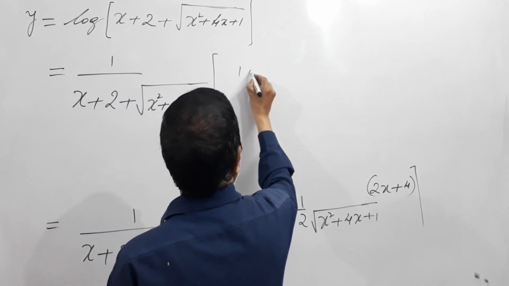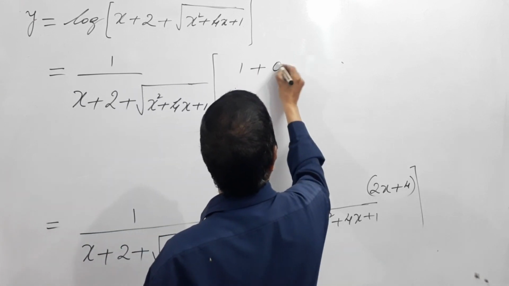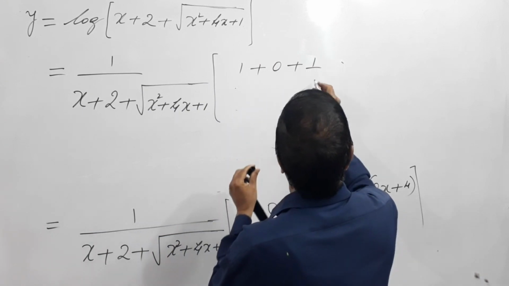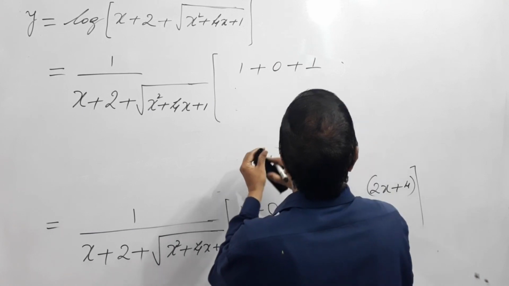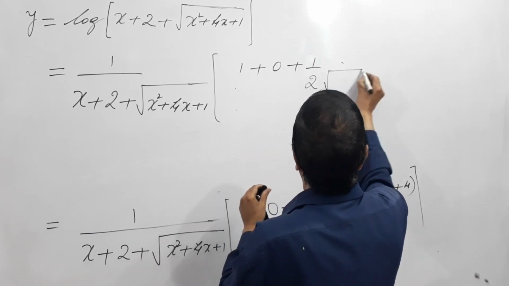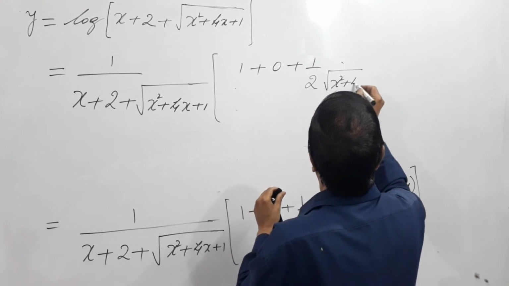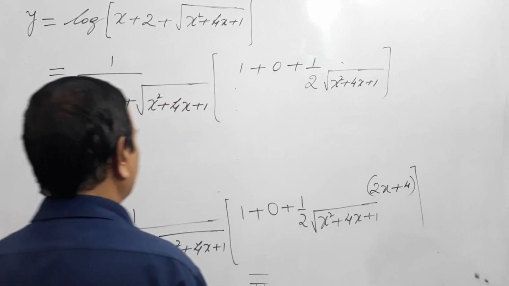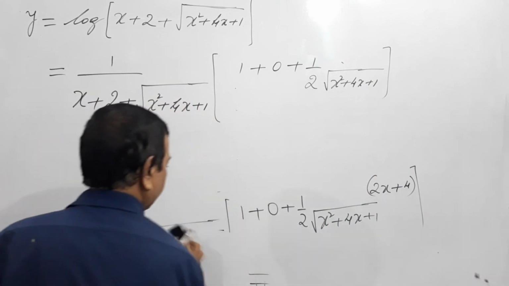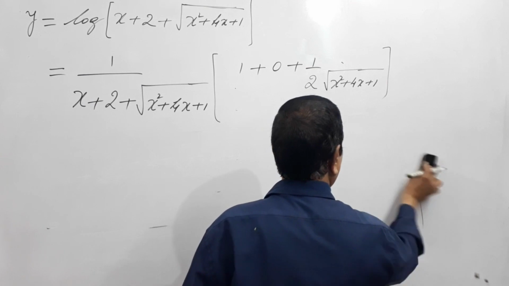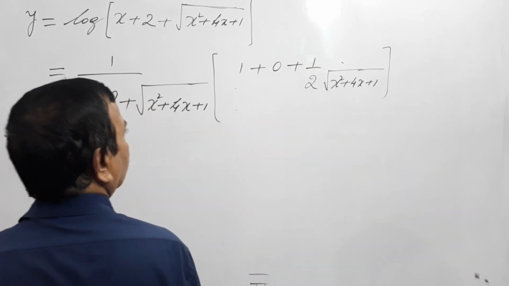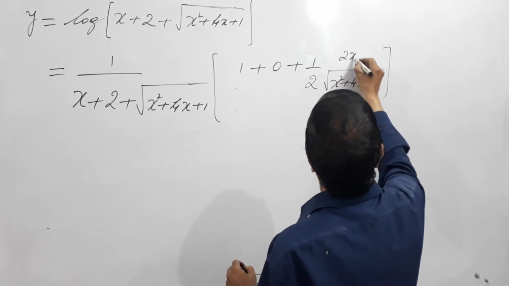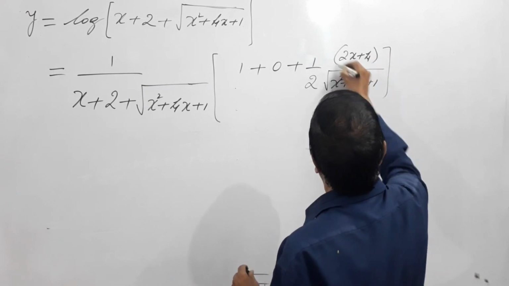So this is 1 plus 0 plus half into square root of x square plus 4x plus 1. Here we are left with 2x plus 4.